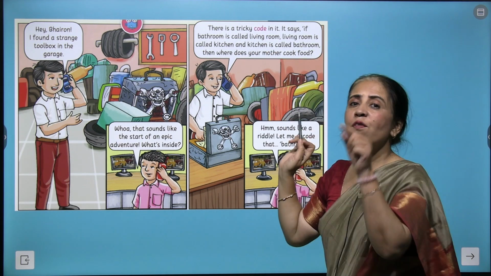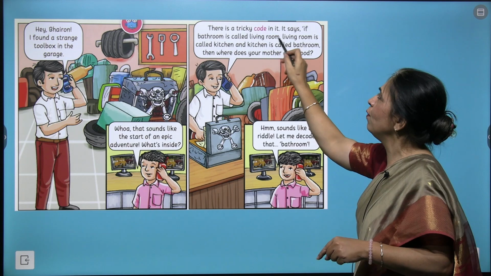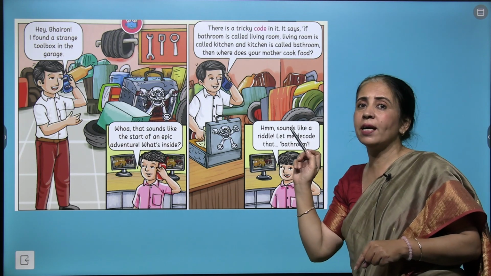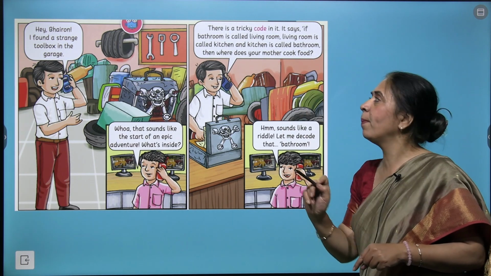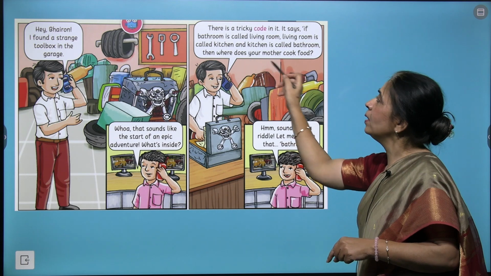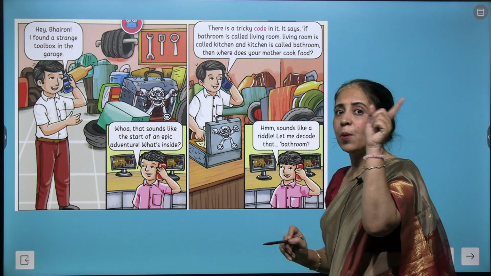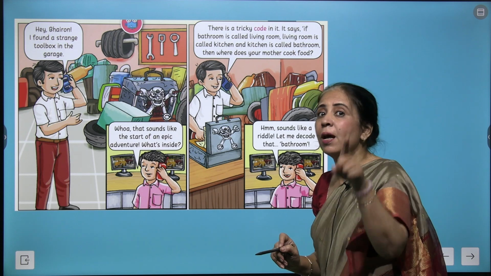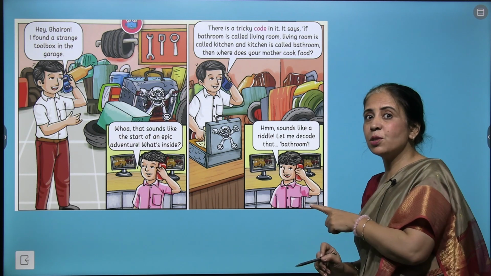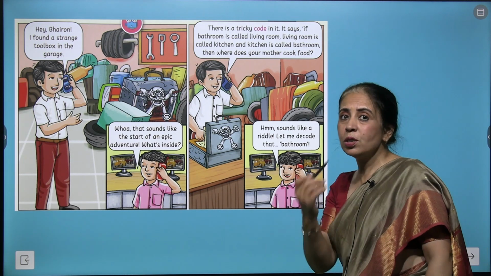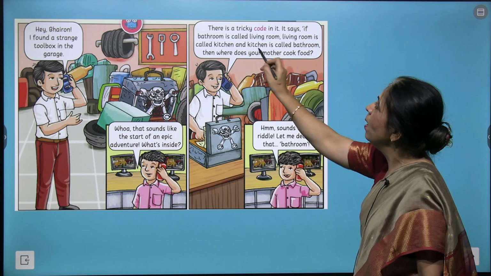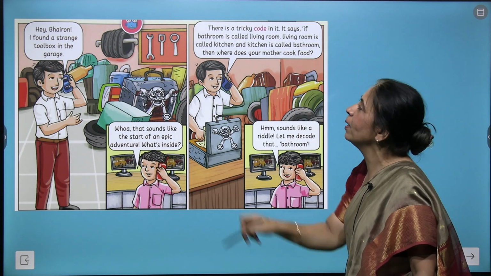It says, if bathroom is called a living room, living room is called a kitchen, and kitchen is called bathroom, then where does your mother cook food? And immediately the answer that will come in your mind is kitchen. But here he says bathroom, and the question is, why bathroom? Because kitchen is called the bathroom.